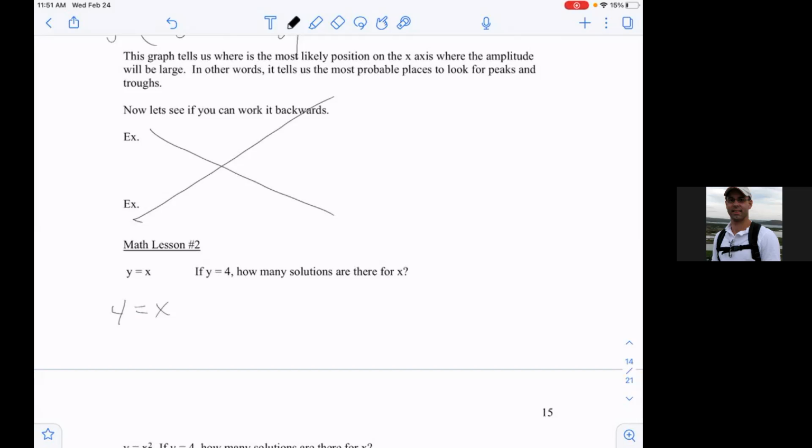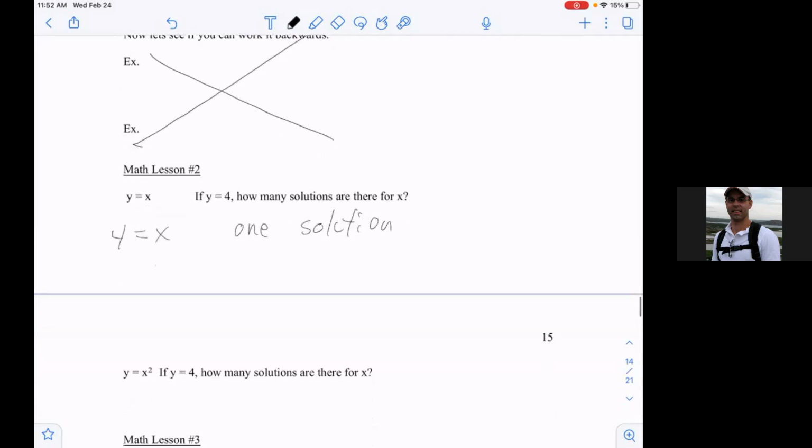How many solutions are there for x, Ryan? 4. The value of x is 4, but how many solutions? 1. One solution. So all I just wanted to review with you is the difference between the answer and the number of solutions. So there's one solution, and it just so happens that x is 4.